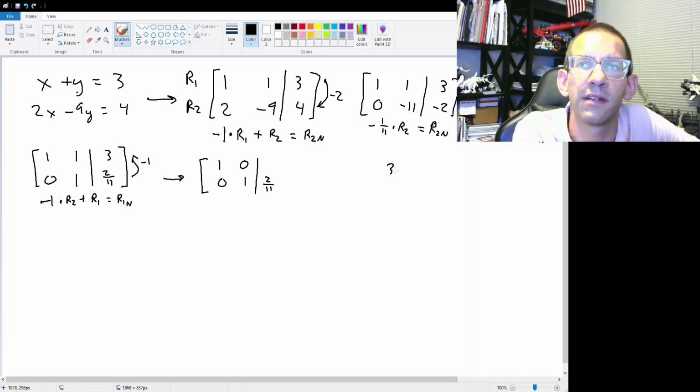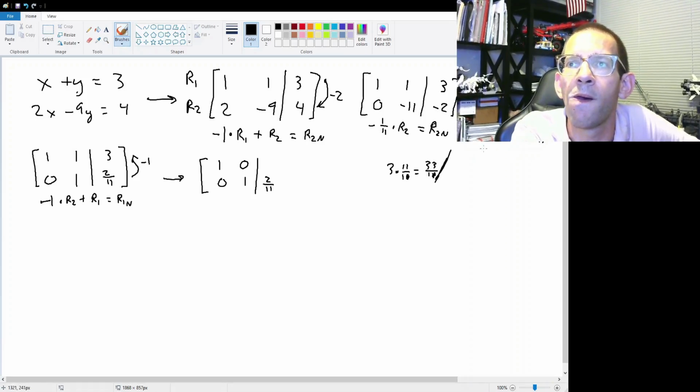However, 3 times 11/11, which is going to be 1, that's going to be equal to 33/11. And then 33/11 minus 2 divided by 11, that's equal to 31/11.